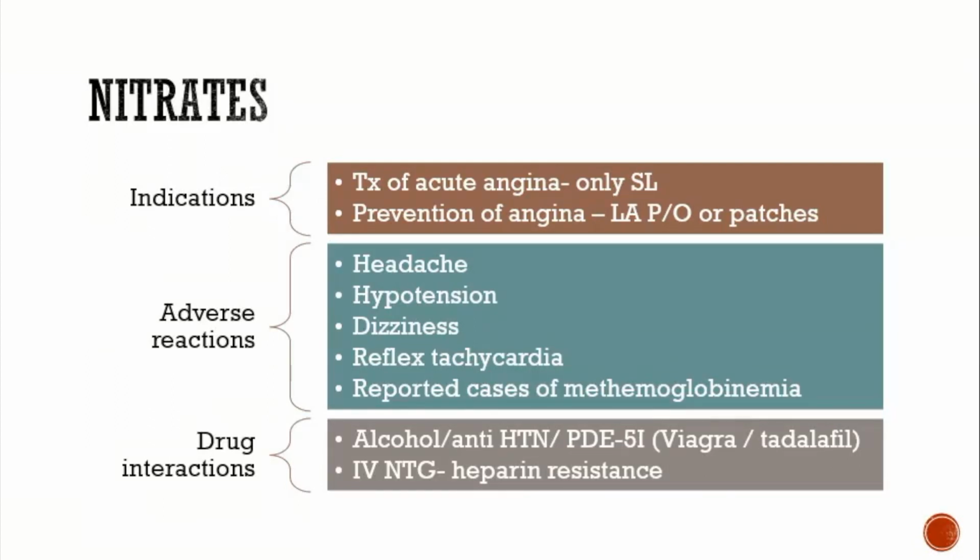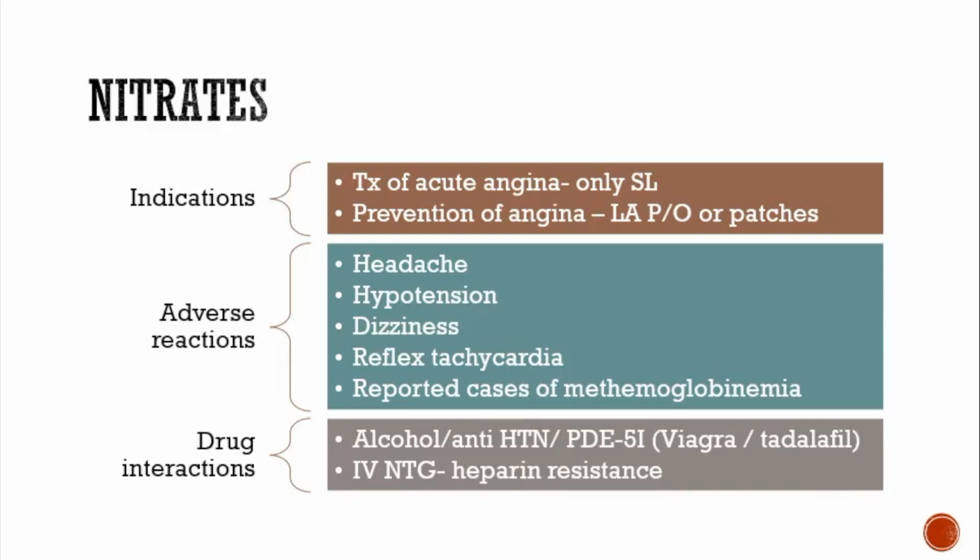Okay. Now, the important things here, we already discussed pretty much all the indications. In heart failure, we use it in NYHA class 4. If the patient comes back for reassessment in 3 months and still has no improvement, we add hydralazine and nitrates, which we already discussed.